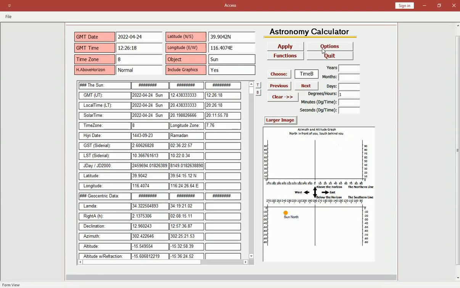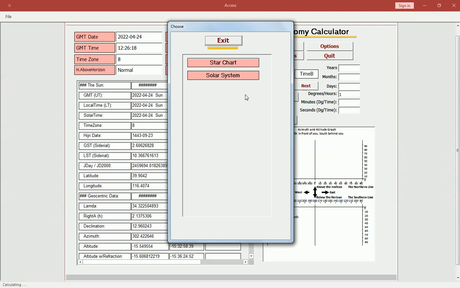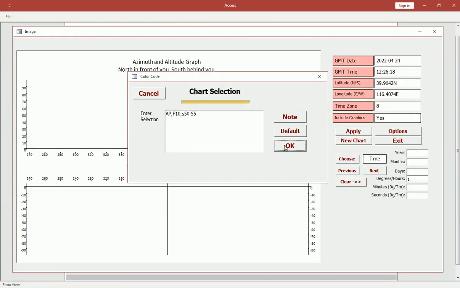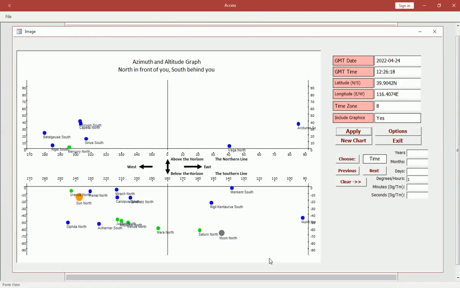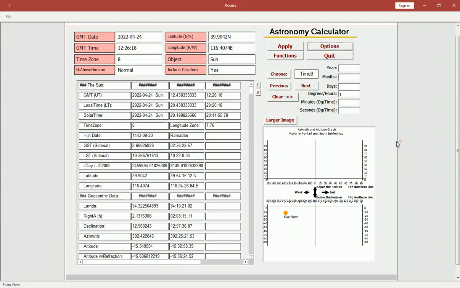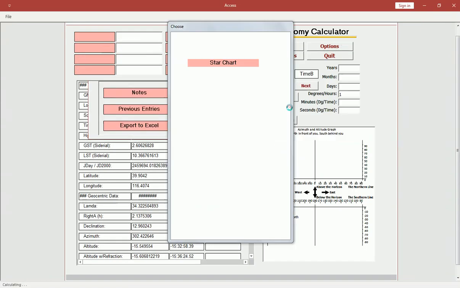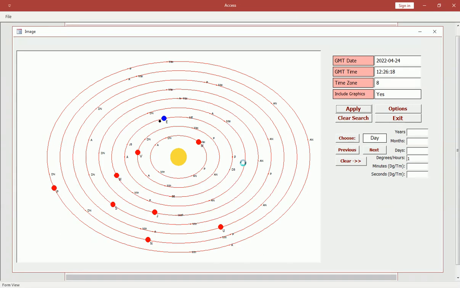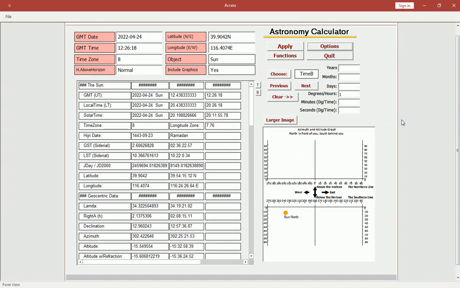The third one is in options, graphics, and star chart, and this is the third one, and all 3 are related to azimuth and altitude. The fourth one is different. It is the solar system graphic. In this video we'll speak mainly about the azimuth and altitude and how to read the graphics related to them.